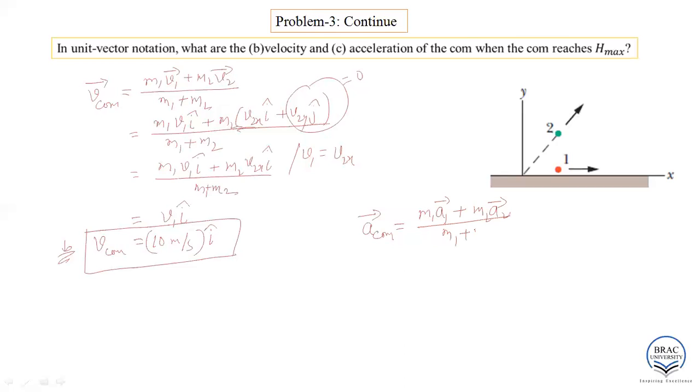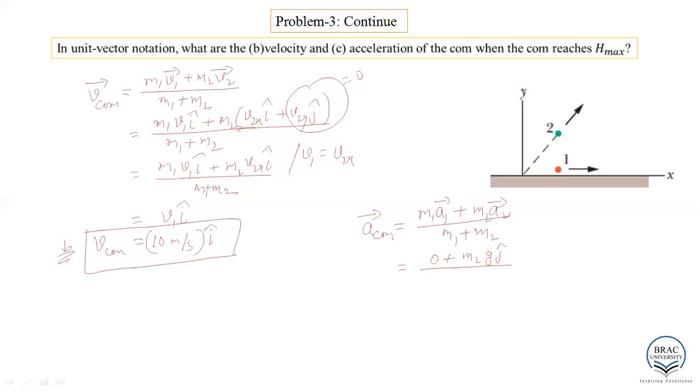So the thing is, the first particle has no acceleration because it is moving along the x-axis with speed 10 meter per second. The surface is frictionless, so its acceleration is 0. And here the first term is 0 in the numerator, and the second term is m2. The particle 2 has acceleration only in the downward direction, so it is g, and its direction is downward.